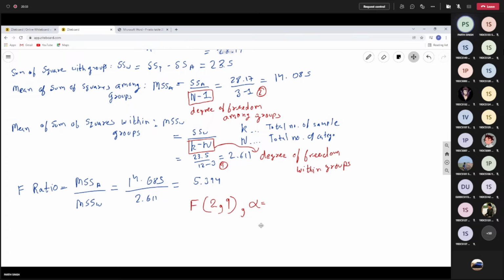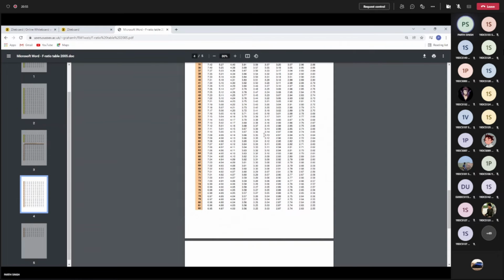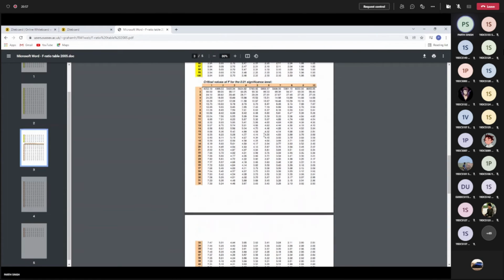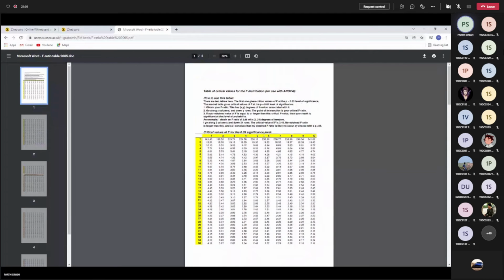Here there is this alpha value, significance level, which I will tell you about shortly. For now, we have calculated our F ratio. And now we have this table. I hope you're able to see this table. Yes or no?